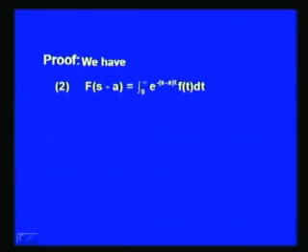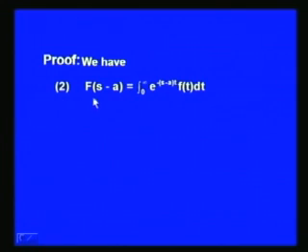This theorem tells us that when s is replaced by s minus a in the Laplace transform of the function f t, then f t is multiplied by e to the power a t. So, when we shift from s to s minus a, we get that f t is multiplied by e to the power a t. Now, let us prove this theorem.